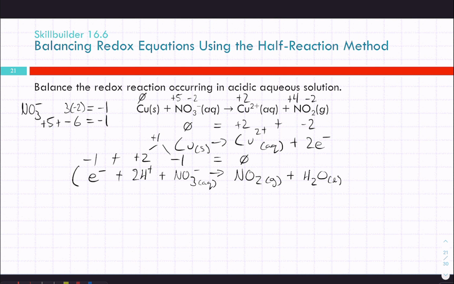So we need to multiply this whole thing by 2. Every coefficient gets multiplied by 2, so we'll have 2 e minus plus 4 H plus plus 2 NO3 minus going to 2 NO2 plus 2 H2O.